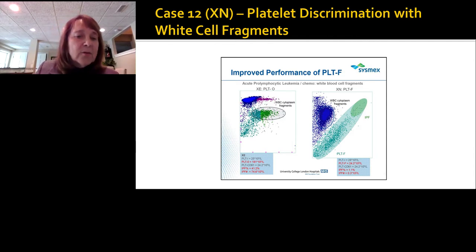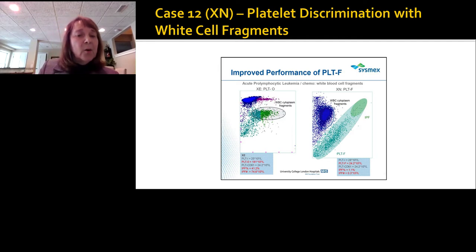So let's count. The platelet I on the XE was actually 25,000. A level that would likely be in a critical range for a leukemic patient. The platelet I was 28,000, so a good correlation between platelet I, good impedance counts for both of them.